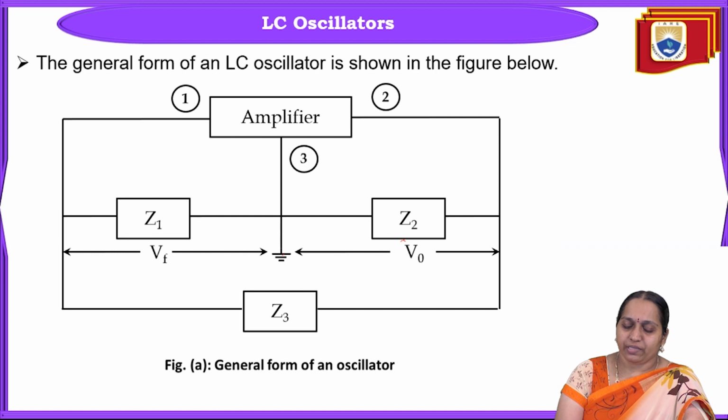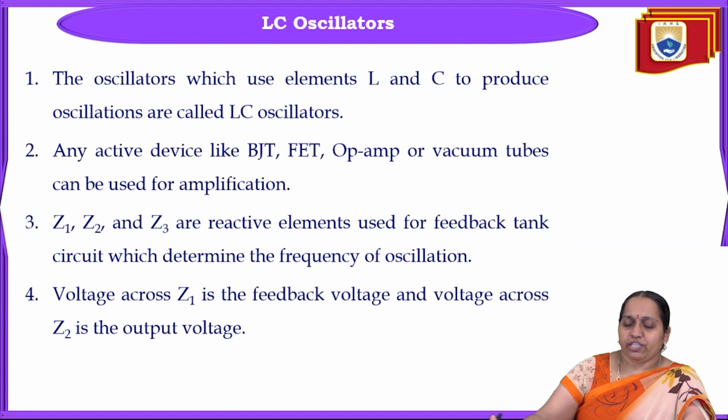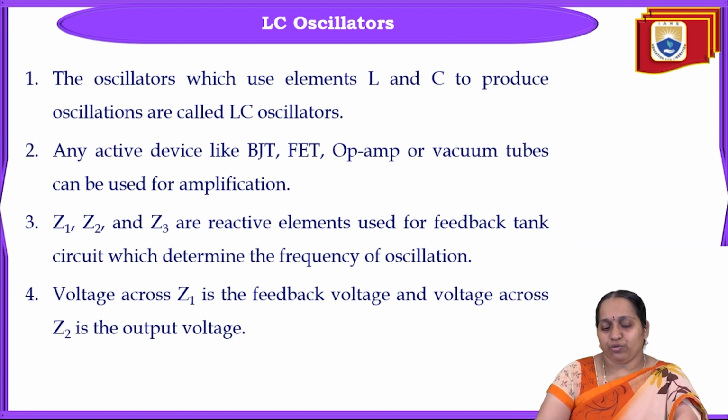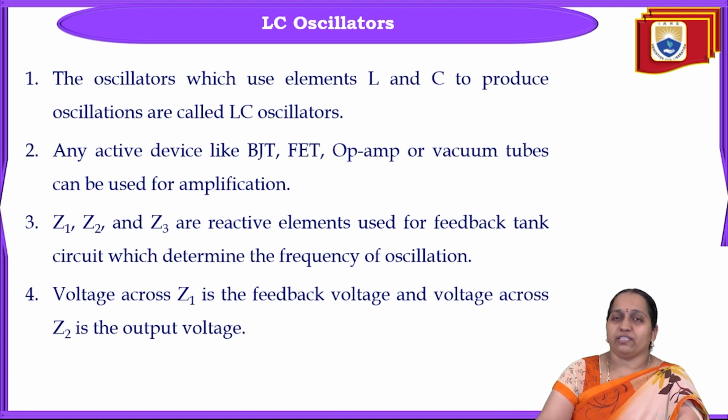Impedance Z1 across 1 and ground, impedance Z2 across 2 and ground, and between 1 and 2, the impedance is Z3. So the oscillators which use the elements L and C to produce oscillations are called LC oscillators. As the name itself suggests, the inductor and capacitor are used to produce the oscillations.